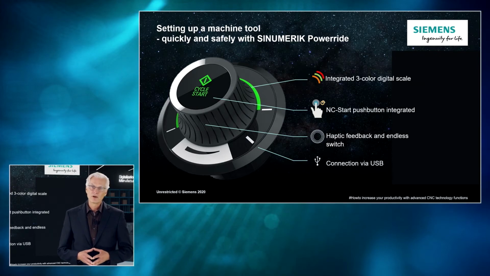With the new Numeric PowerRide, we offer an ergonomic override rotary switch with integrated NC start button. Haptic and optical feedback improve perception and the sense of safety for the setter. The process also changes by digitally coupling the PowerRide with the CNC via the function configured stop.